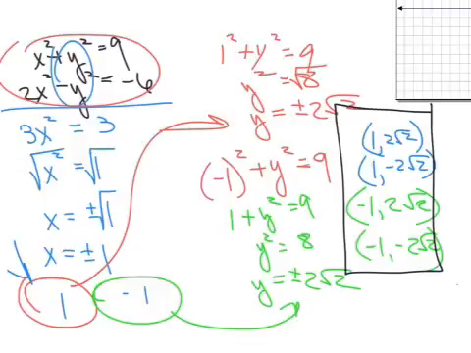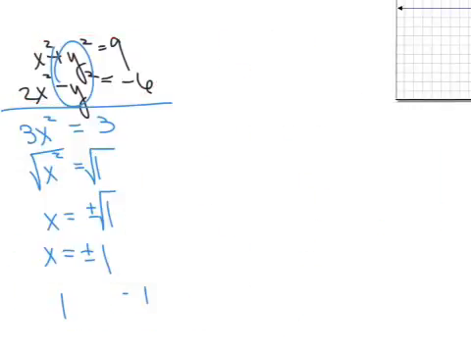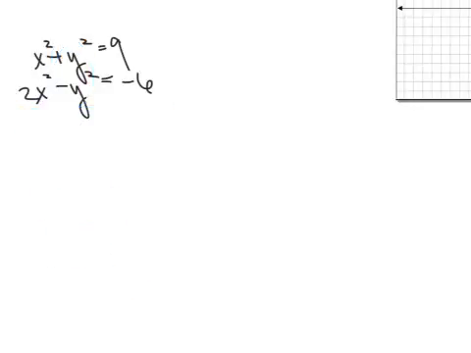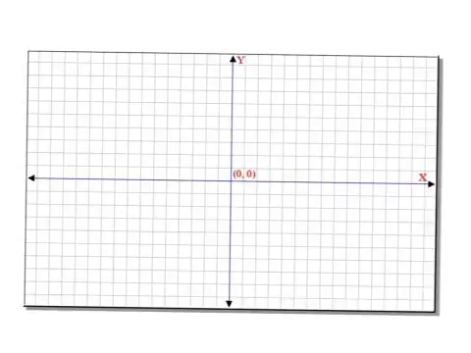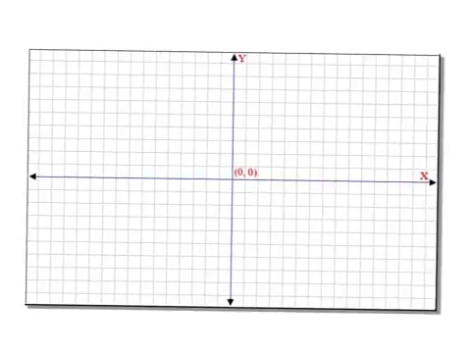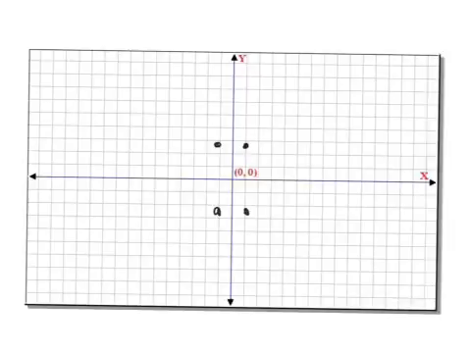So when I graph it, let's get rid of all this junk here and get our graph up here. I said I get negative 1, 2 square root of 2. So I'm going to get a point somewhere around here, a point somewhere around here, and 1, down here and down here.